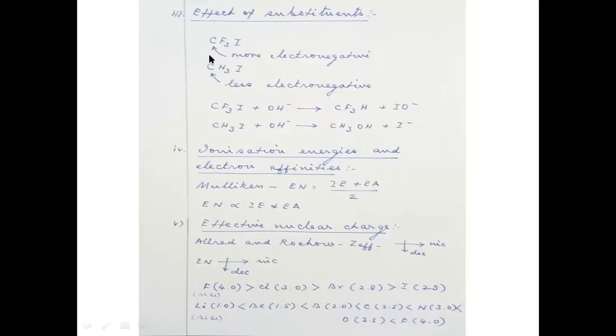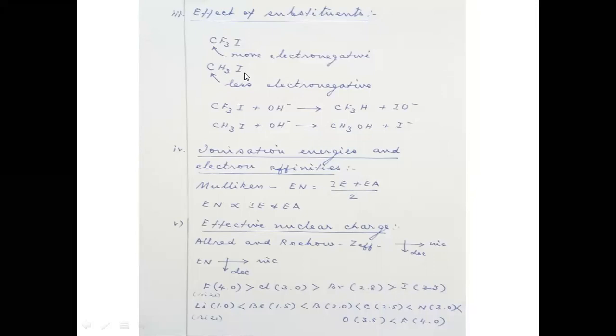Now what happens? This carbon is found to be more electronegative. The reason is the carbon is connected to 3 fluorines. Fluorines are more electronegative, so they attract the shared pair of electrons from carbon. So carbon becomes more electron deficient. So the electronegativity of carbon is more.